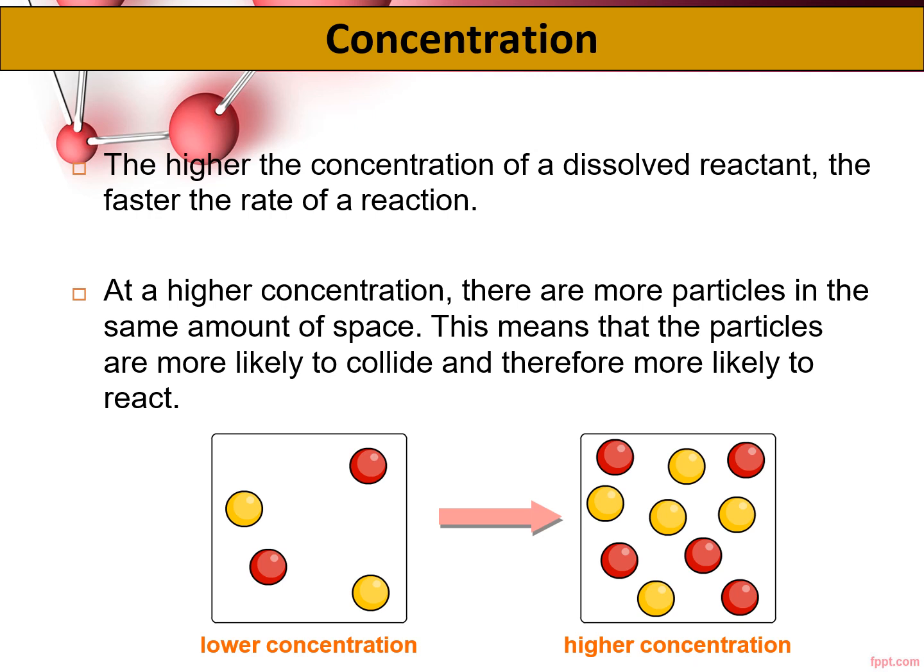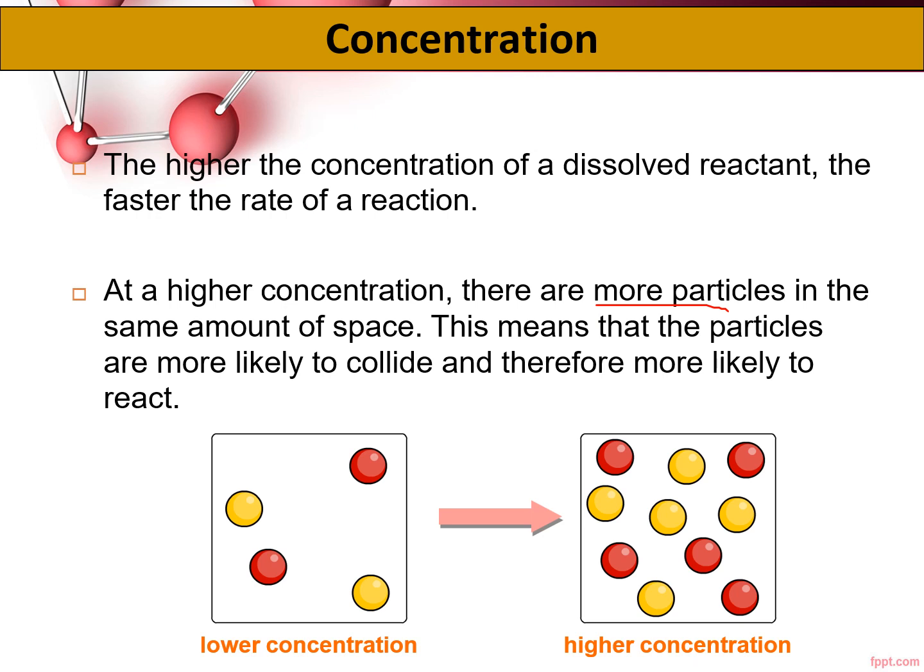Okay, concentration, the same thing. When you increase the concentration of a dissolved reactant, the faster the rate of reaction will be. Just imagine these two figures: one with lower concentration, one with higher concentration. Once you have higher concentration, it means you have more particles inside the space.